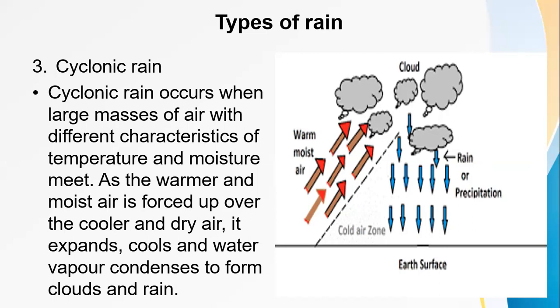So that's how rain forms in this type, where the warmer moist air meets the dry and cooler air, and the moist air goes up, condenses to form clouds, and eventually forms rainfall.